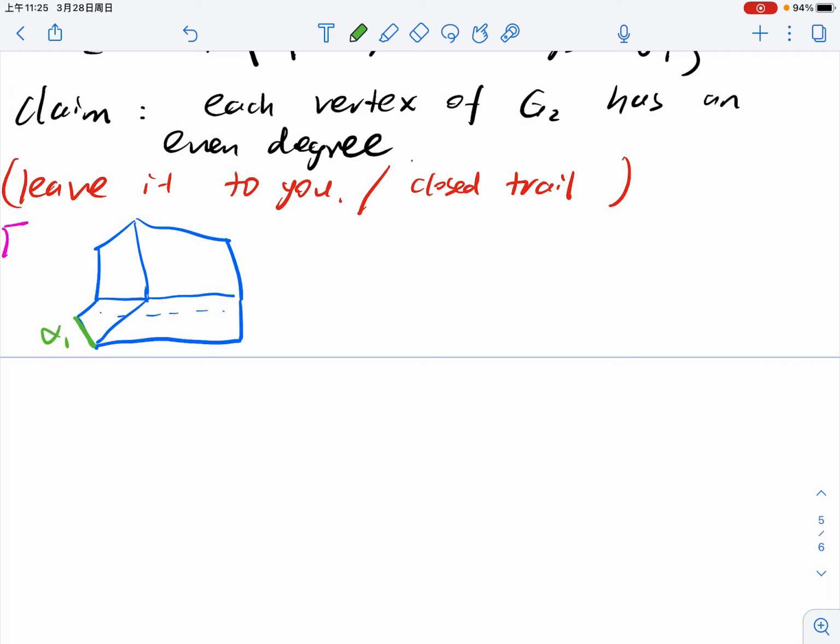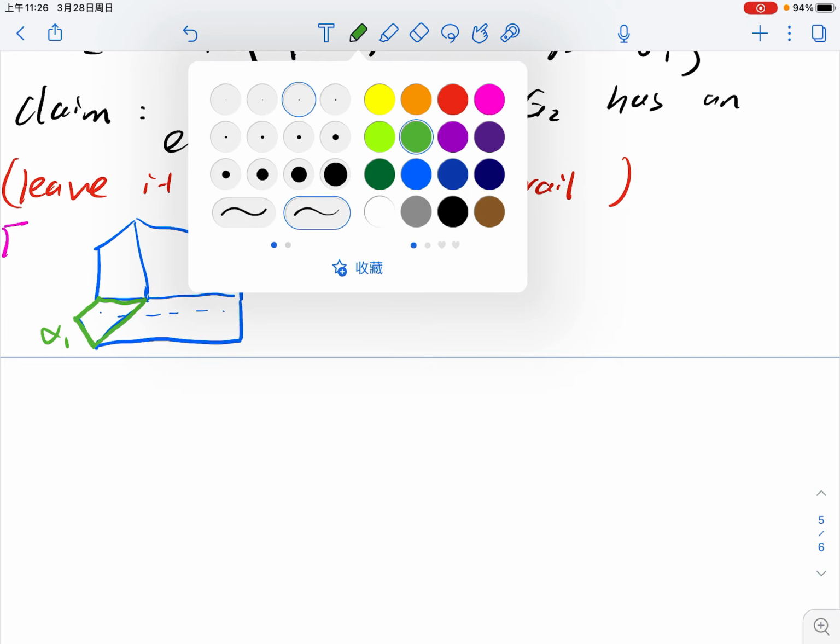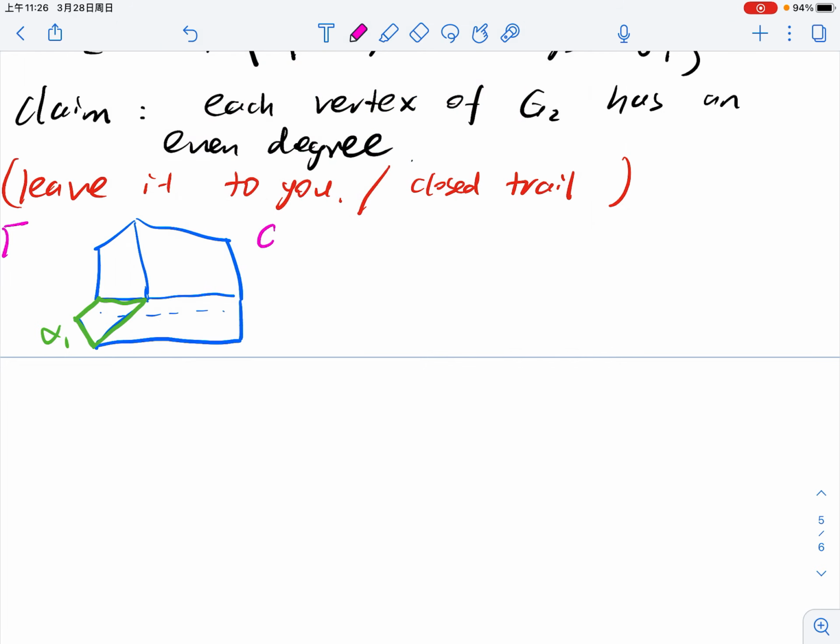By running the lemma once, you find a closed trail inside graph G1.